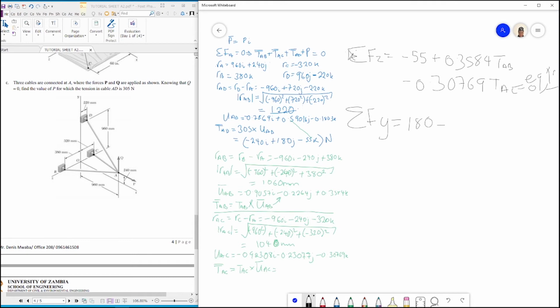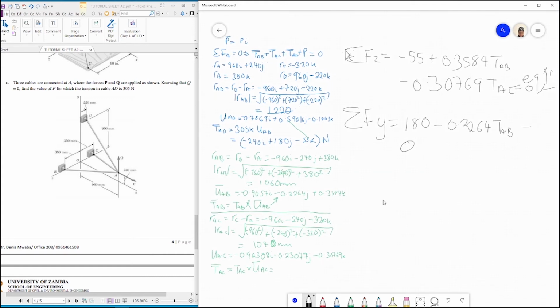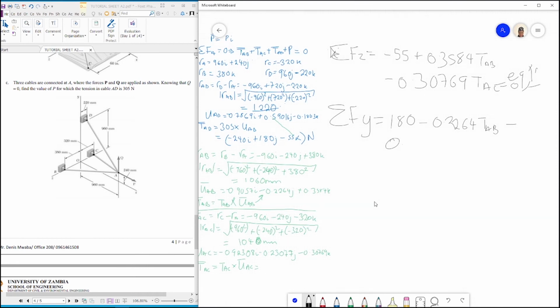So then even this one, you have 180. Then here I have minus 0.2264 TAB, and then minus 0.23077 TAC.